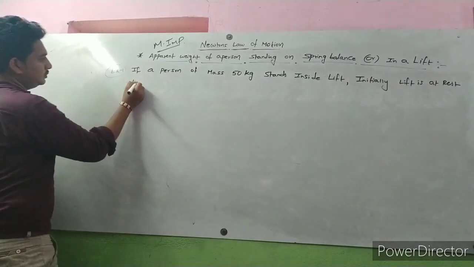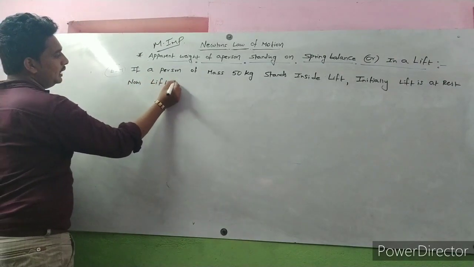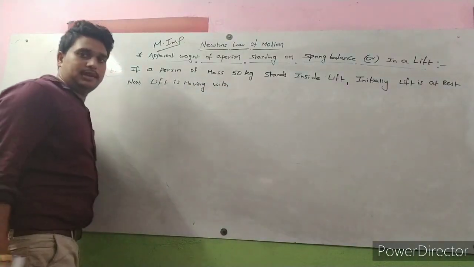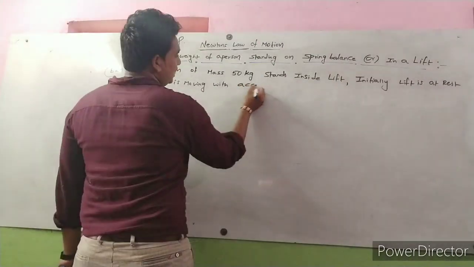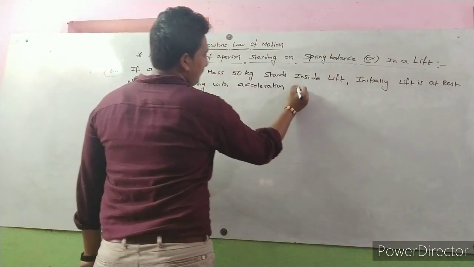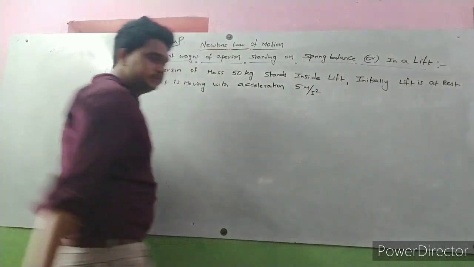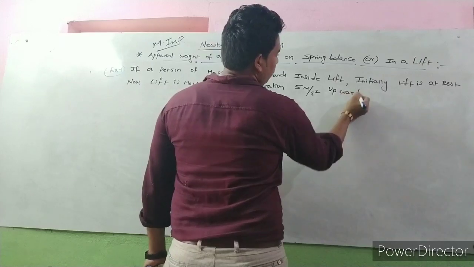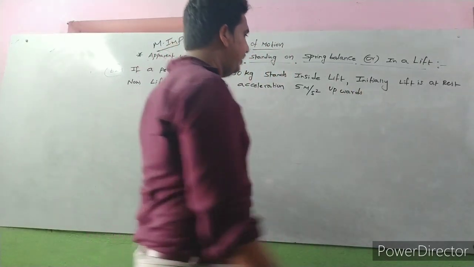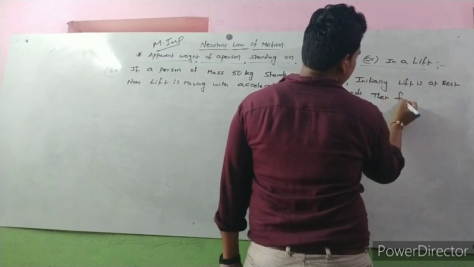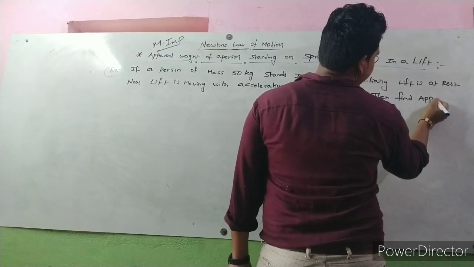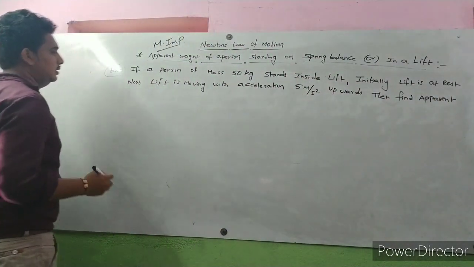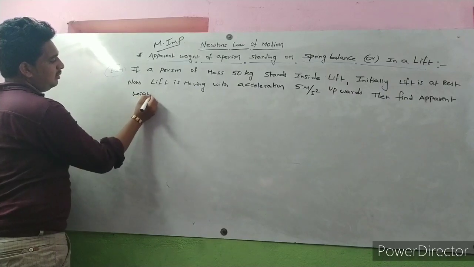Now the lift is moving with acceleration 5 meter per second square upwards. Then find the apparent weight of the person.